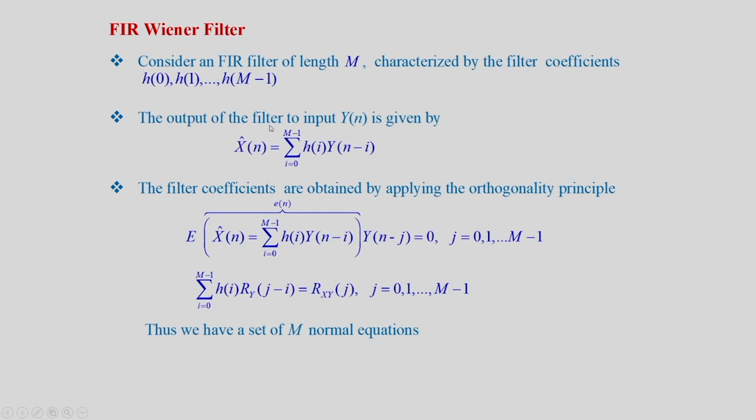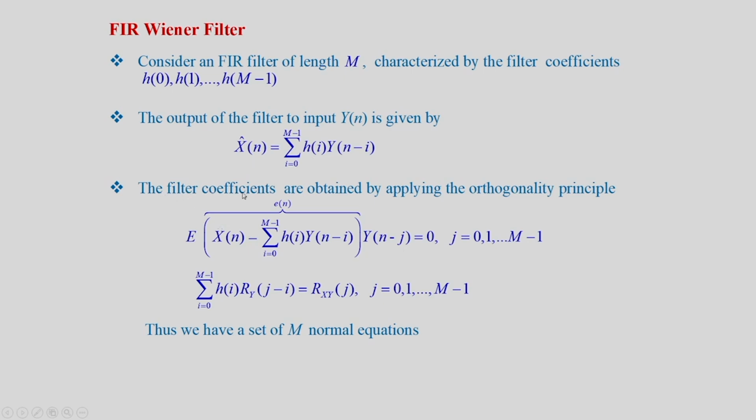The output of the filter to input y n is given by this convolution relationship: x hat n is equal to summation h i y n minus i, i going from 0 to m minus 1. This is the filter output. And now we have to find out these filter coefficients.